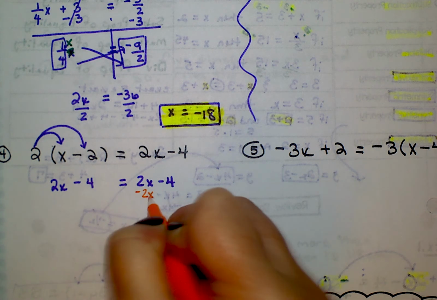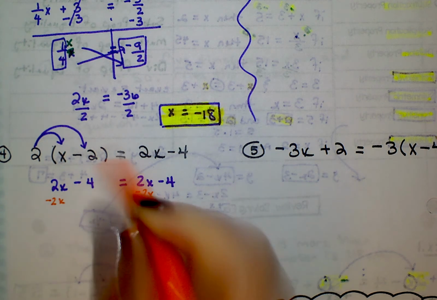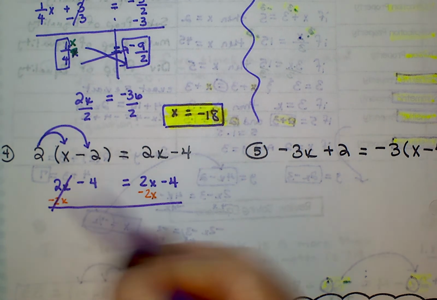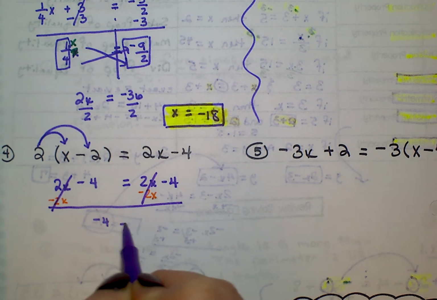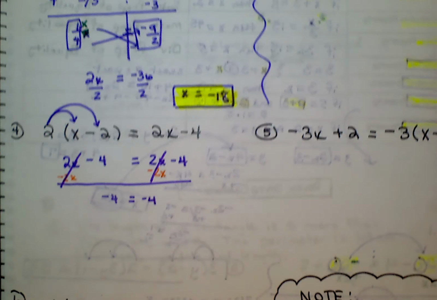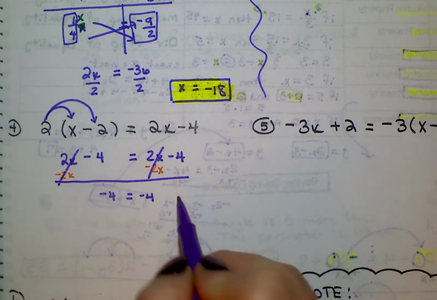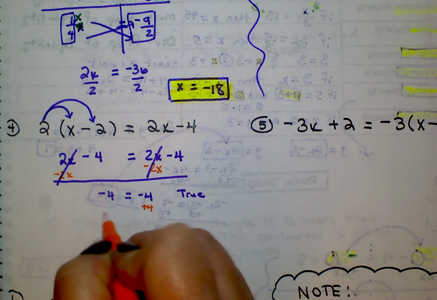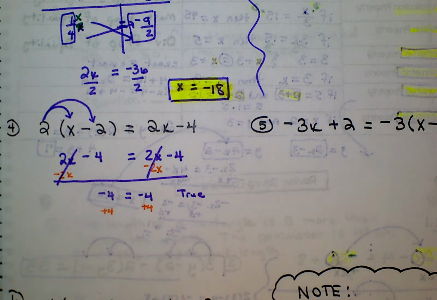If you subtract the 2x, you're going to notice that you get the same number equal to the same thing. And -4 will always equal -4. That's a true statement. Some people like to go even further and they add this.